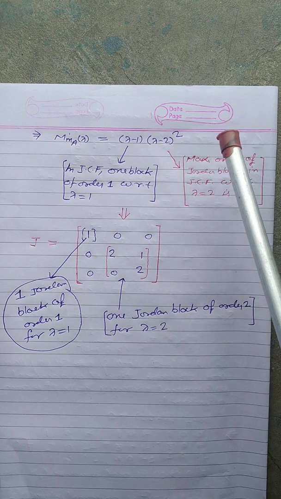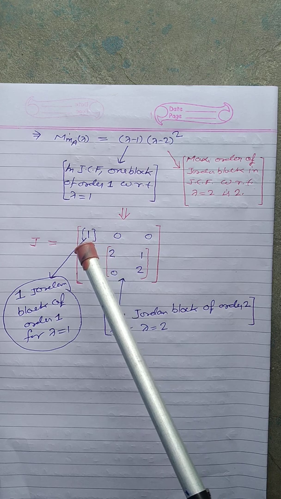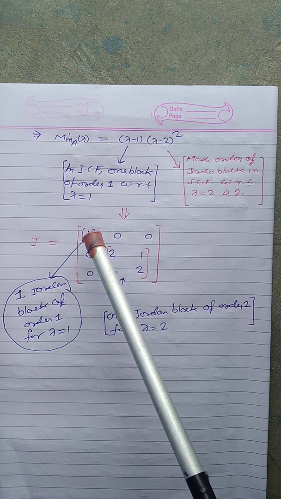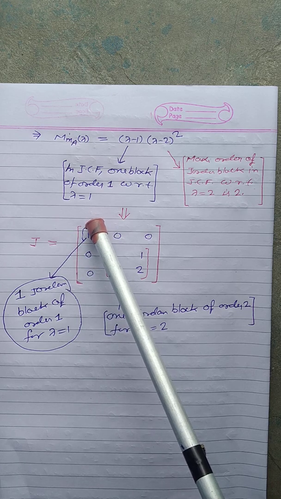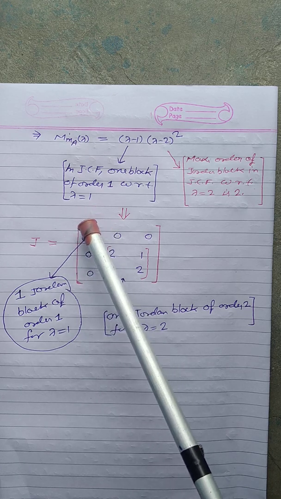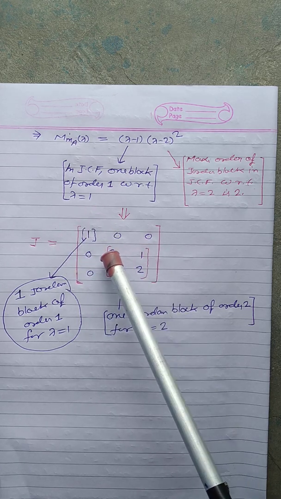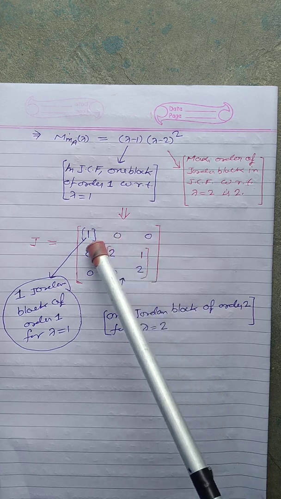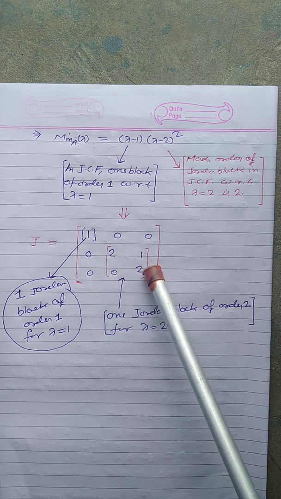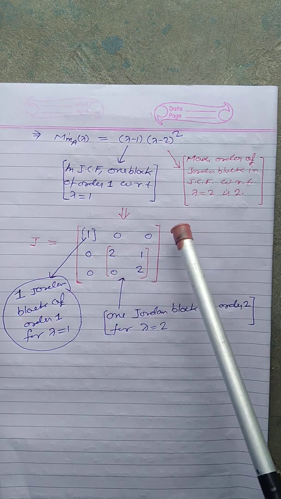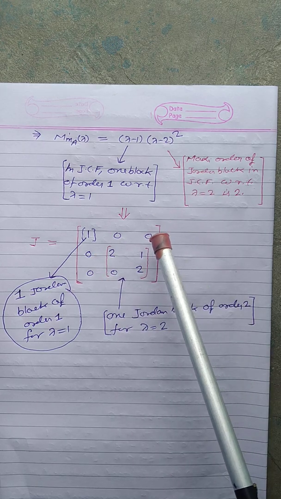It means the Jordan canonical form of this matrix is: 1 is the only block of order 1 for lambda equal to 1, and 2, 1, 2 is the other Jordan block for lambda equal to 2. This is the Jordan canonical form of the matrix.